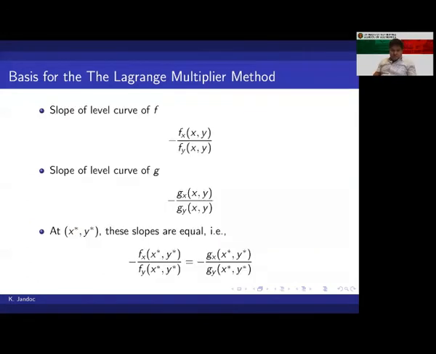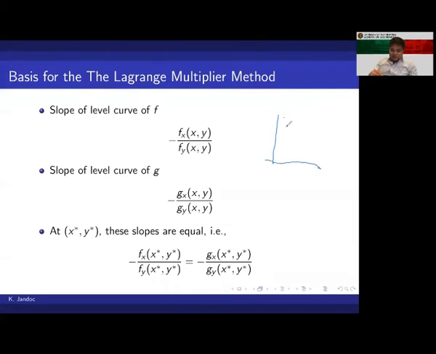Since we have the level curve defined by f, we know from the implicit function theorem, and if you want to review it, just go to the lecture set on differentiation and review that part, that we can find the slope of that level curve f.